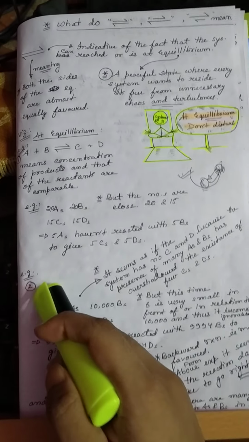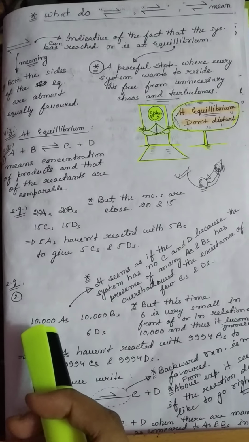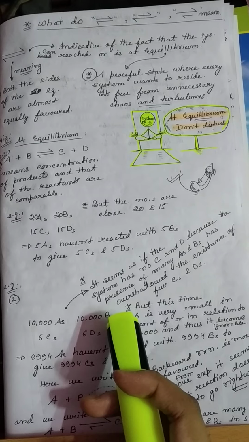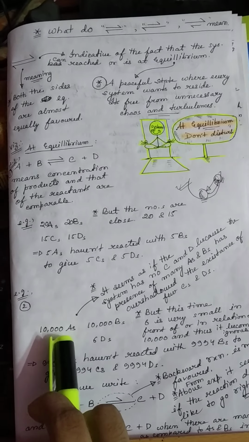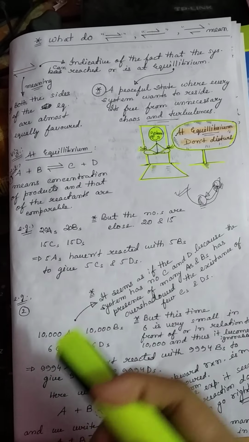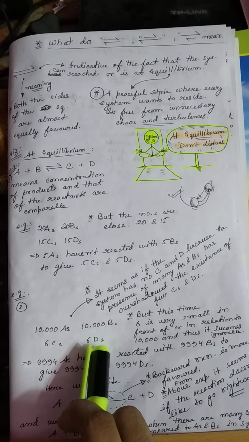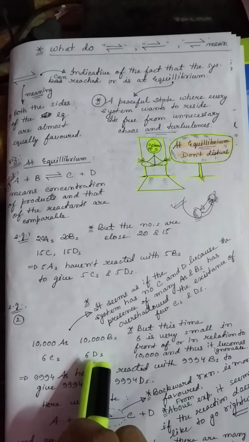Now if I come to example number 2, let's see. There were 10,000 A's and 10,000 B's initially, but at equilibrium I got only 6 C's and 6 D's. What does that mean?